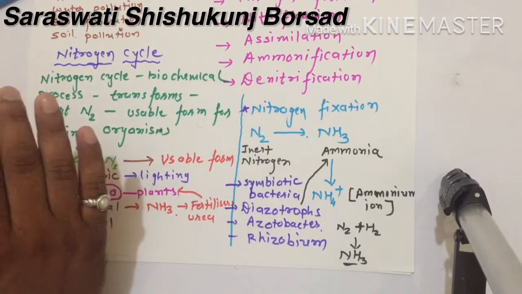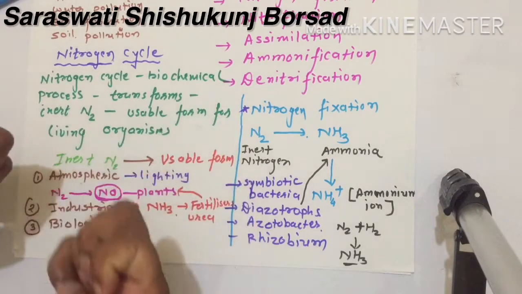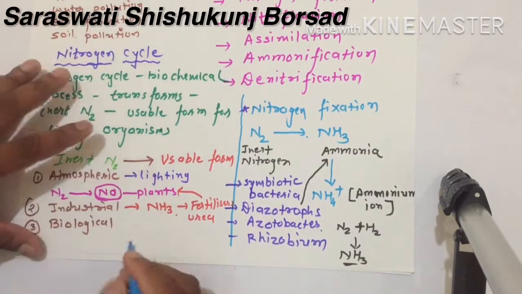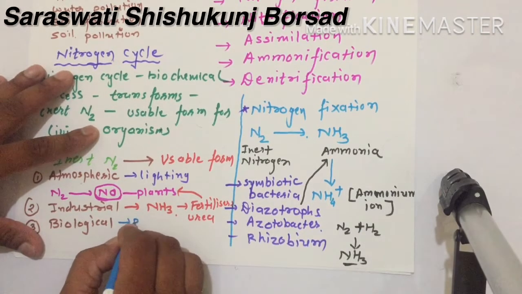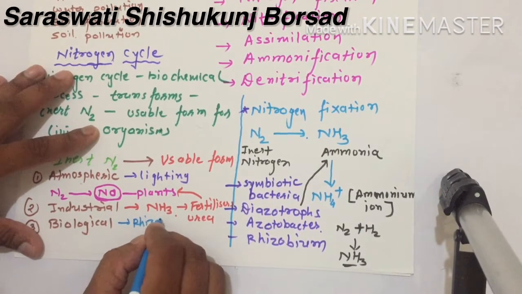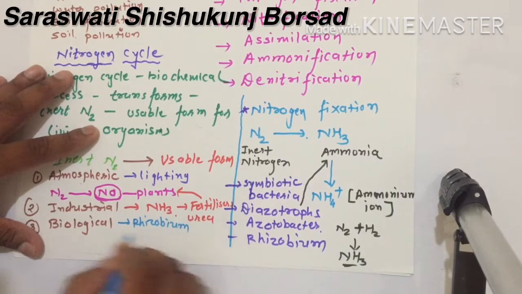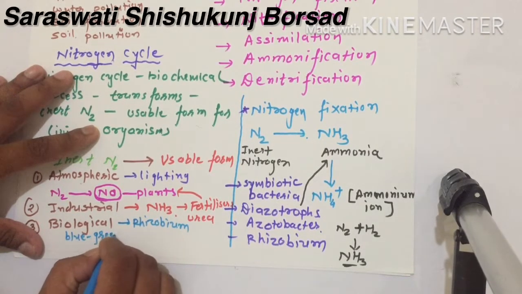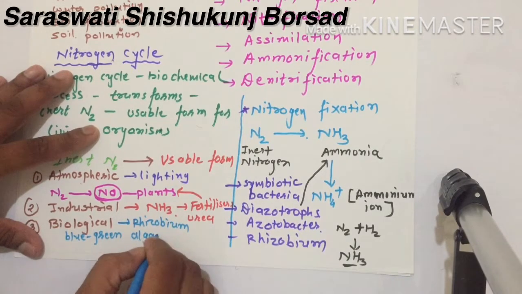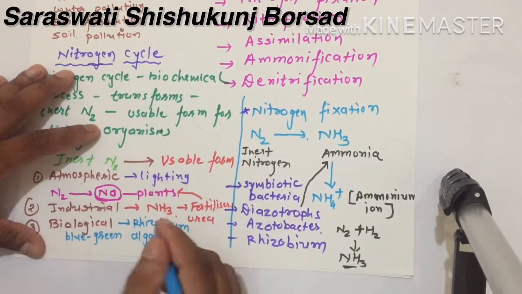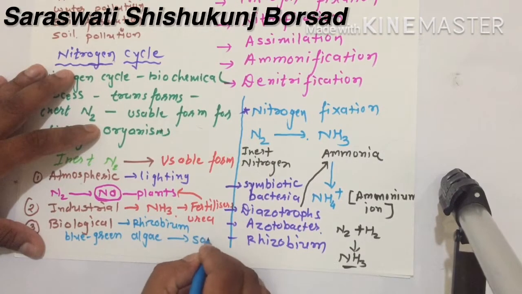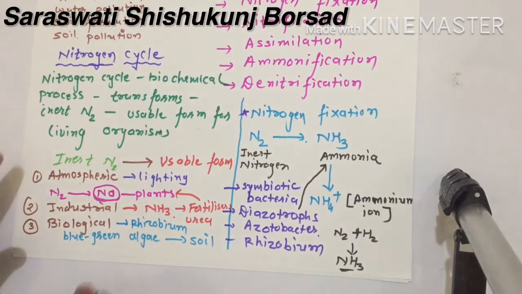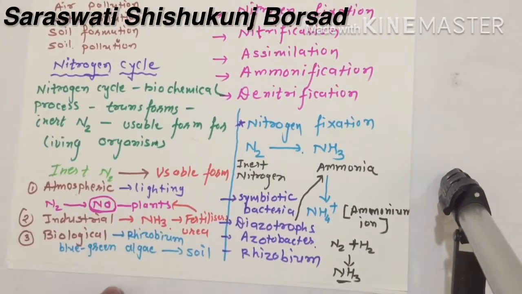These nitrogen compounds get fixed by such microorganisms in soil. So bacteria like rhizobium and other blue-green algae use this nitrogen and fix it in soil. So this way also nitrogen is fixed, right?